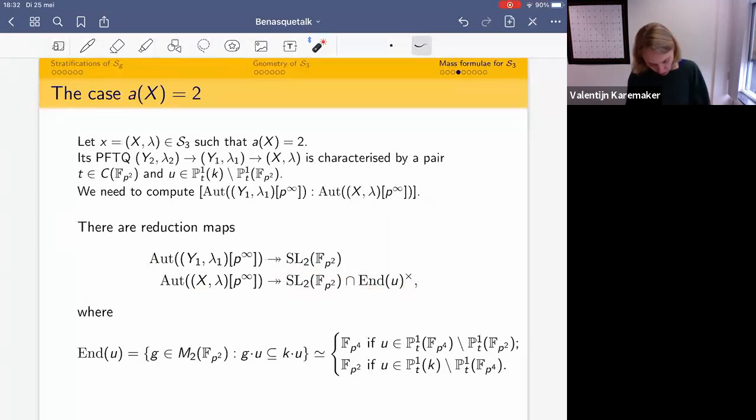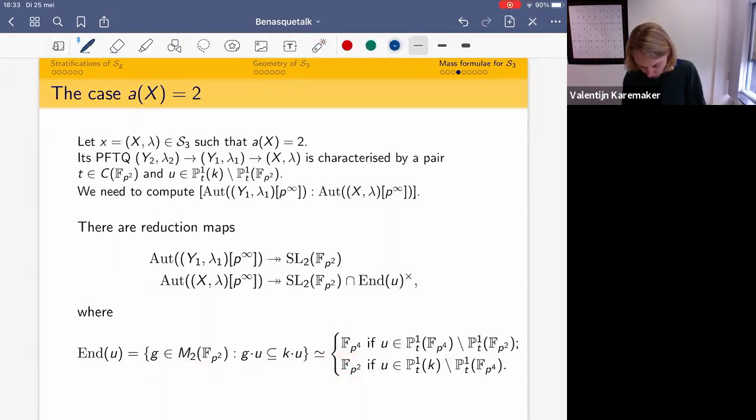So the endomorphisms of u are all the 2 by 2 matrices over Fp squared that send the vector u, remember that's u1 and u2, in P1, to a multiple of itself. And there are 2 possible things that could be depending on the field of definition of u. So if u lives over Fp to the 4, then it's Fp to the 4, and otherwise it's Fp squared.